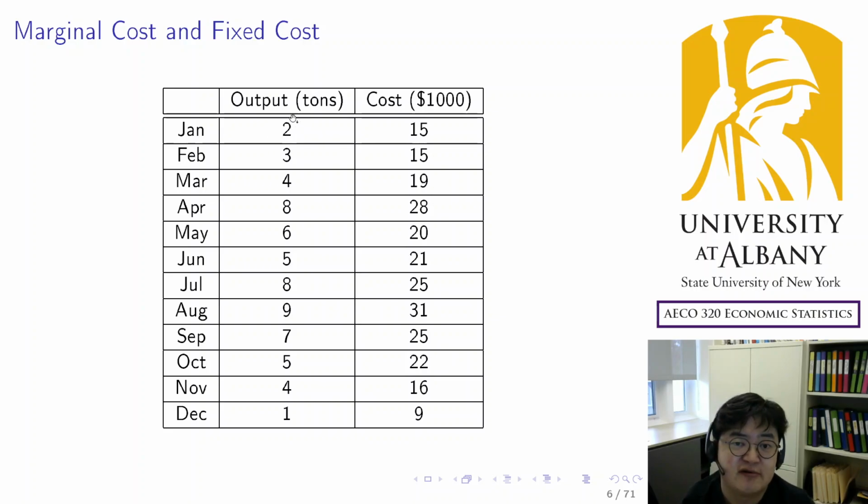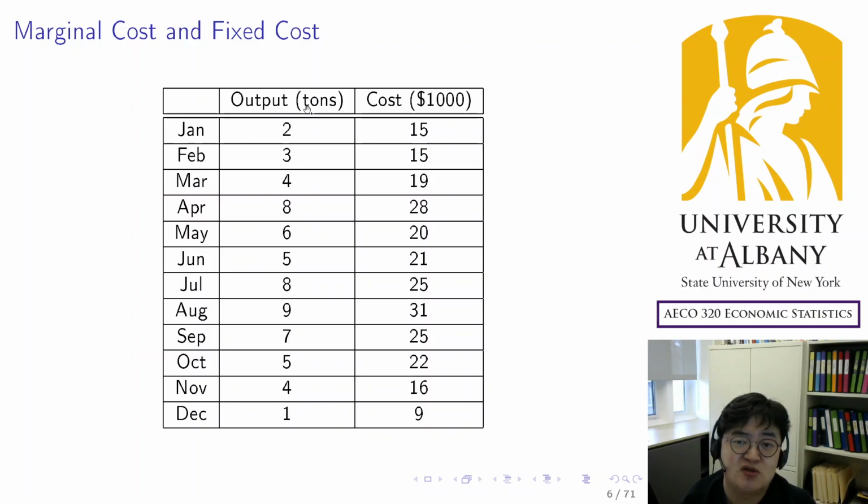You observe in your books how much you produced and how much you spent, and you observe for a year, say 12 months. So from here, this is all you observe, and then how do you find the marginal cost and the fixed cost? That is what we are going to do.